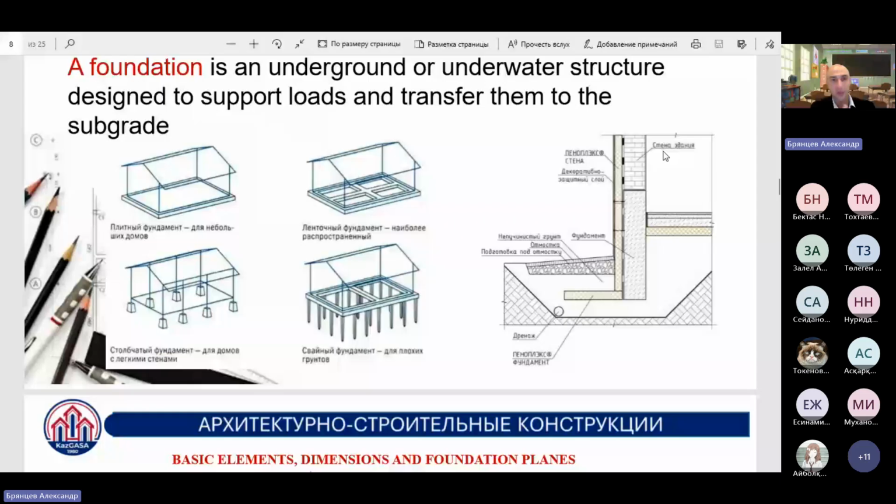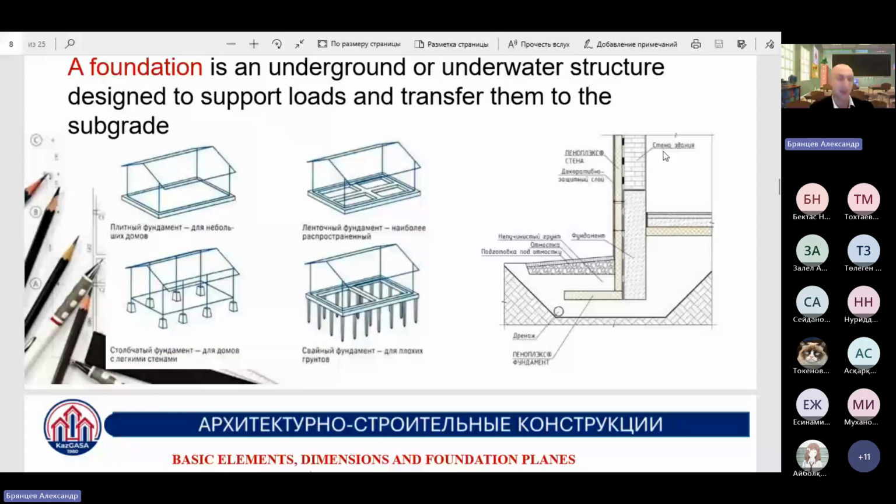So the reliability, stability, and service life of the foundations depend on the correct choice and the proper construction of the foundation. On this slide, you can see the main types of foundations used during the design of the building.